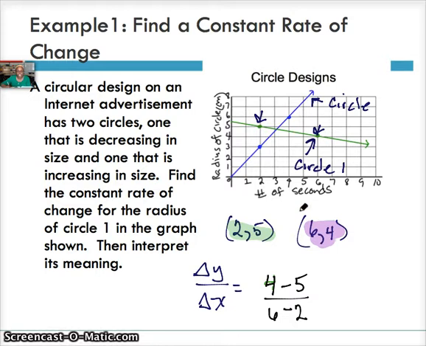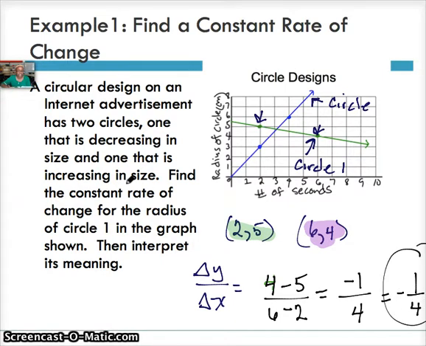So I did the change in my y's over my change in my x's, and I made sure my purple terms were always first. Okay, so now I have 4 minus 5 is -1, 6 minus 2 is 4. So my rate of change is -1 over 4.